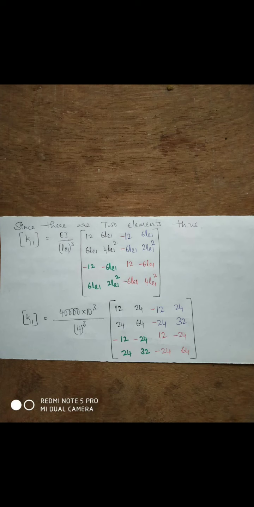Second number 4LE1 square, 4 into 4 square, that is 4 cube, 64. Similarly, remaining two numbers 6LE1, 6LE1, that is 6 into 4, 24. You have to find out only these 4 numbers from the matrix.